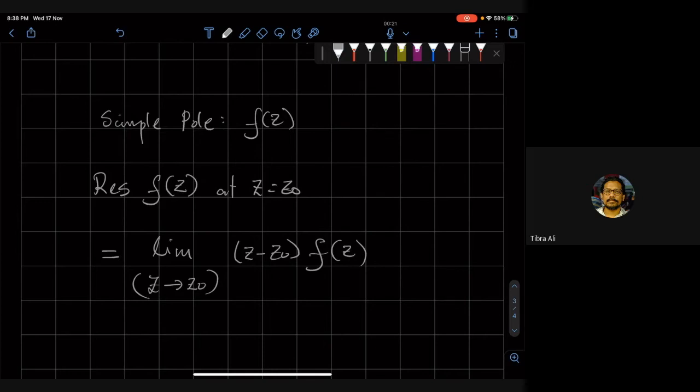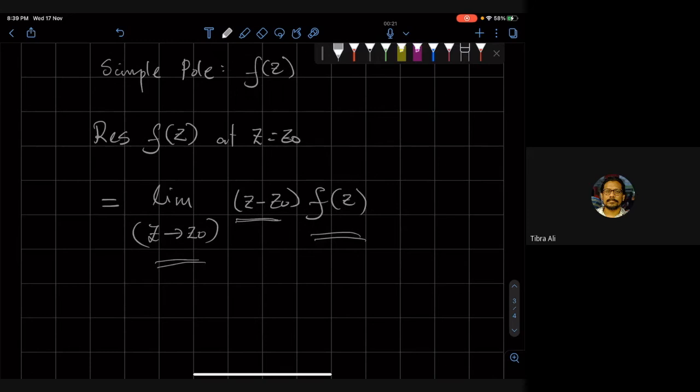Because if you expand f of z, all the higher order terms will go to 0 in this limit, right? So the only term that will not go to 0 is the term with a minus 1. Because for that term, you're getting rid of the denominator by multiplying with this, and therefore that term is independent of z. Okay, so this is for a simple pole.